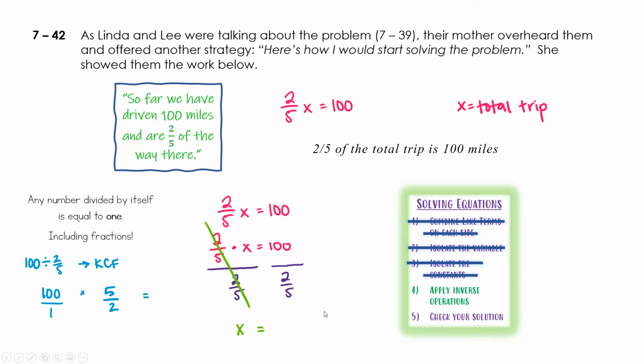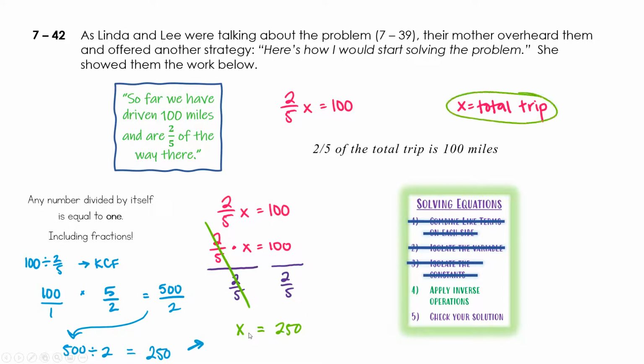Now I can put 100 over 1 and multiply straight across. So 100 times 5 is 500. 1 times 2 is 2. So I have 500 divided by 2, which is equal to 250. And I can plug my answer in up here. Remember, x is equal to the total trip, which means that this is 250 miles.